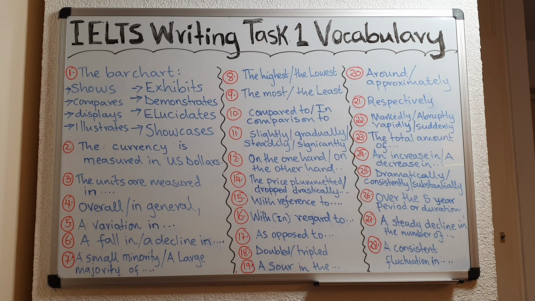Now let's move on to number 20. Around, approximately. These two mean exactly the same. Now, if, for example, you scored 99.2 in your exam, then your final score is going to be 99%. So you scored around 99%.